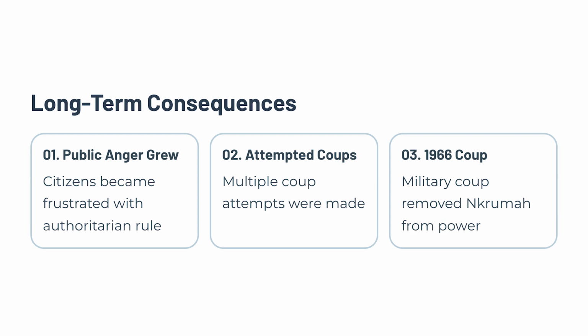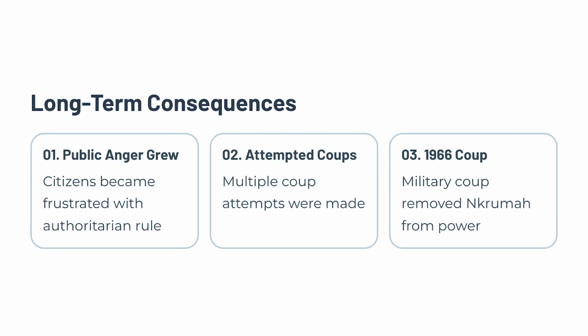After Nkrumah was removed in 1966, Ghana's government remained unstable. The military ruled for a while, but then there was another coup in 1972. Later, in 1979, a group of junior military officers staged a coup and took control of the country.